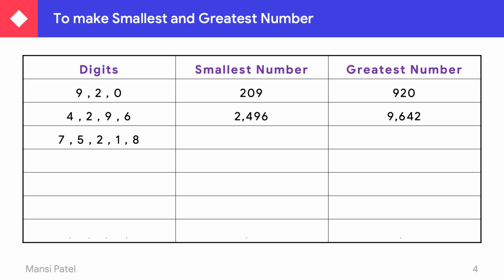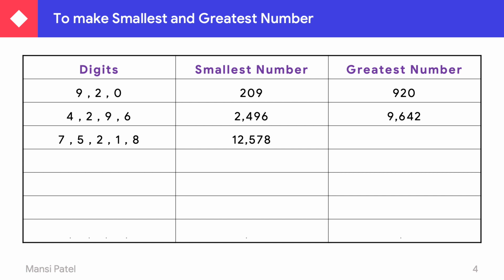Another one, here I am giving 5 digits to you, so don't panic, you just write down all the digits in ascending order, but please do not put commas. So in the smallest number, write down the digits in ascending order. So your ascending order is 1, 2, 5, 7, 8.